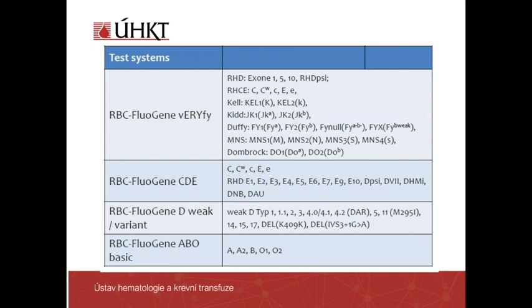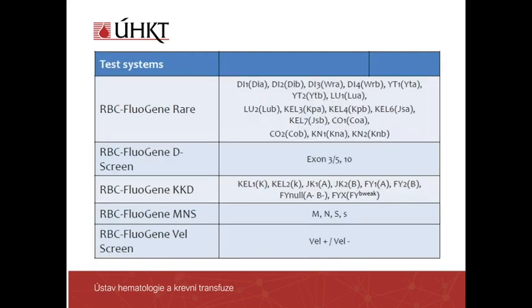This system can detect RH exons and RH variants, Kell, Kidd, Duffy, weak Ds, and when we are speaking about ABO genotyping, you can see that the spectrum is limited to basic ABO genotypes A, A2, B, and O1 and O2 alleles. Then there are rare kits, KKD and MS.